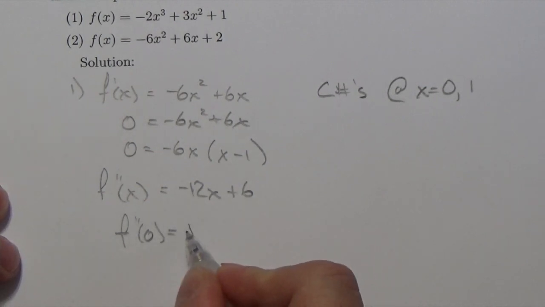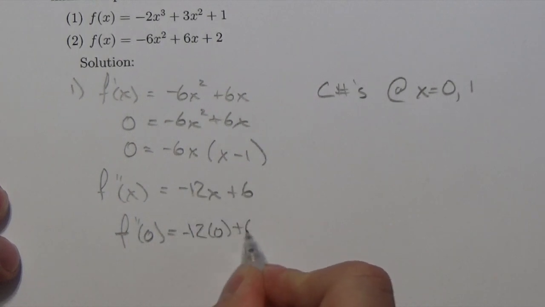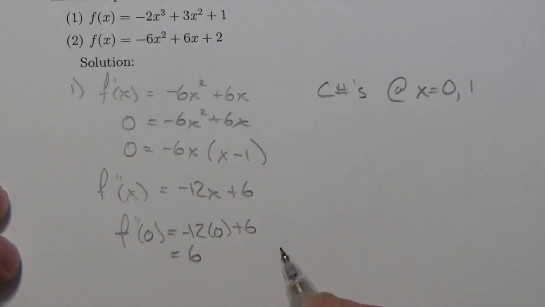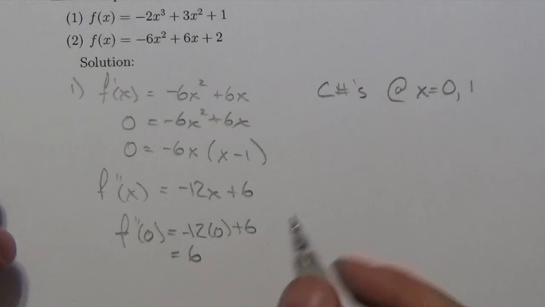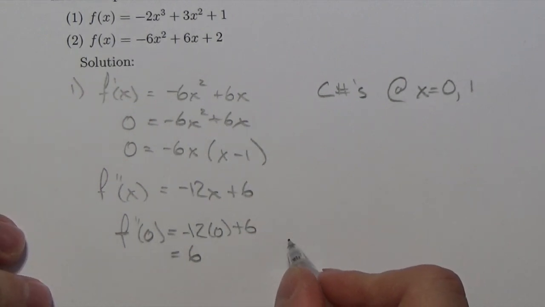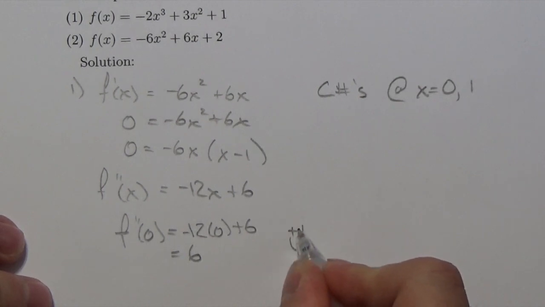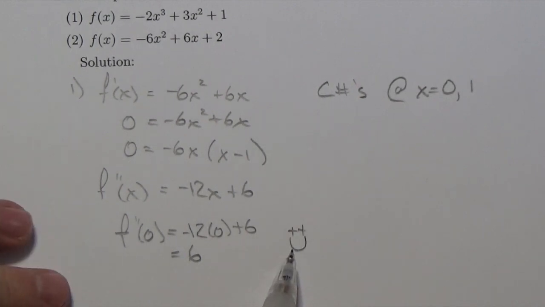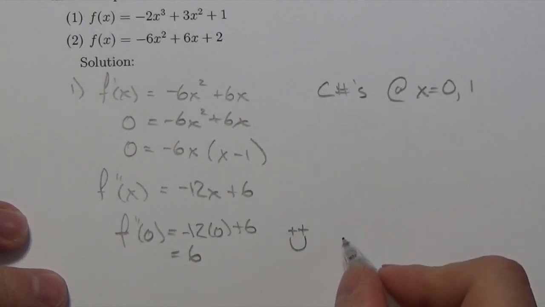When you plug that in, we get negative 12 multiplied by 0 plus 6, which is simply 6. So that tells me the graph is going to be concave up. I'll do my little smiley face there. Concave up when x is equal to 0, which suggests a local min.